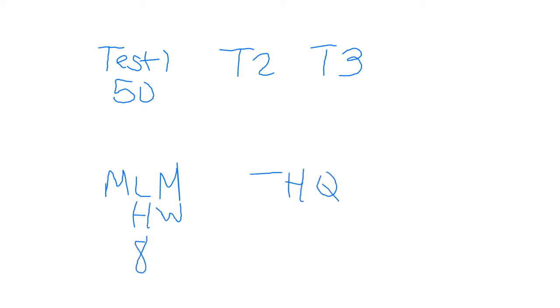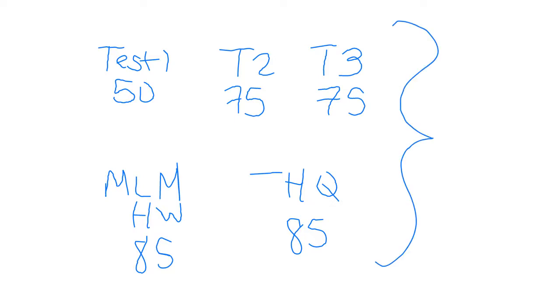So if you got 85 averages on the MyMathLab homework and the take-home quizzes, and you make, let me crunch the numbers real quick, but I'm guessing maybe 75s on the next 2 tests. Yeah, probably 75 on test 2 and test 3. That could still average out to a C in the course. So there's still hope, but you just need to change the way you prepare for your test, right? Something has to change between test 1 and test 2 to have such a big jump in your score.